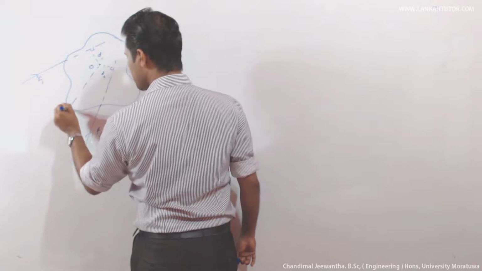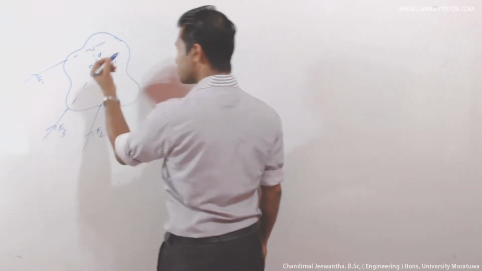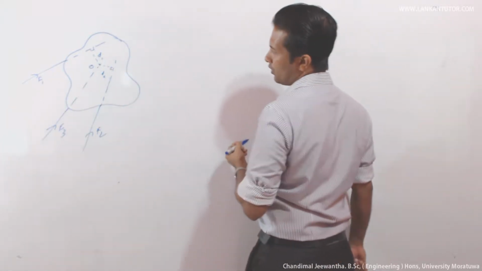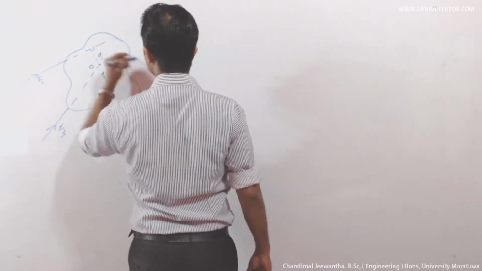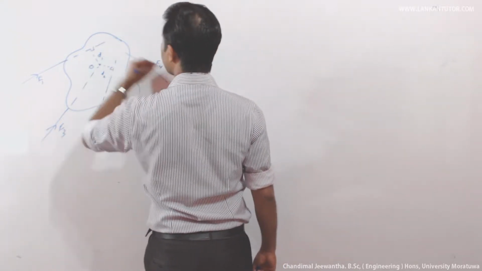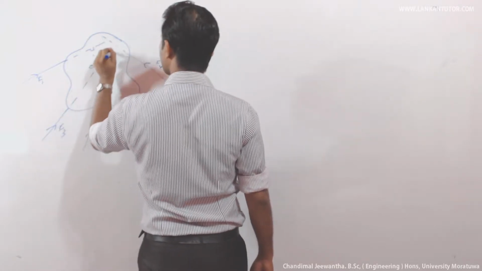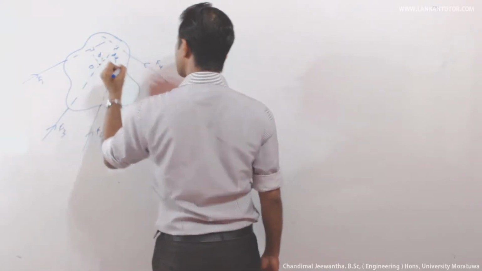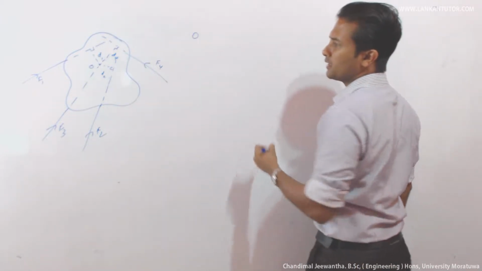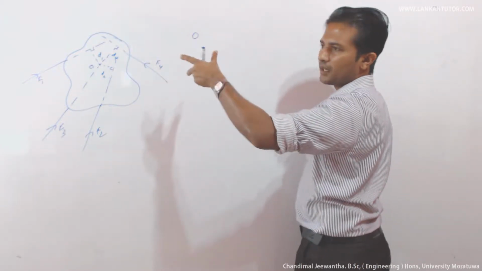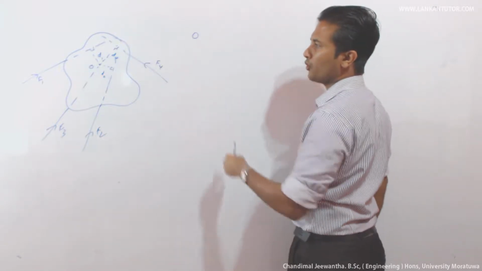The main important thing is F3 goes through point O. Then we can consider F4 as well. So the perpendicular distance is D4. Then what you have to do is consider the moment around O.